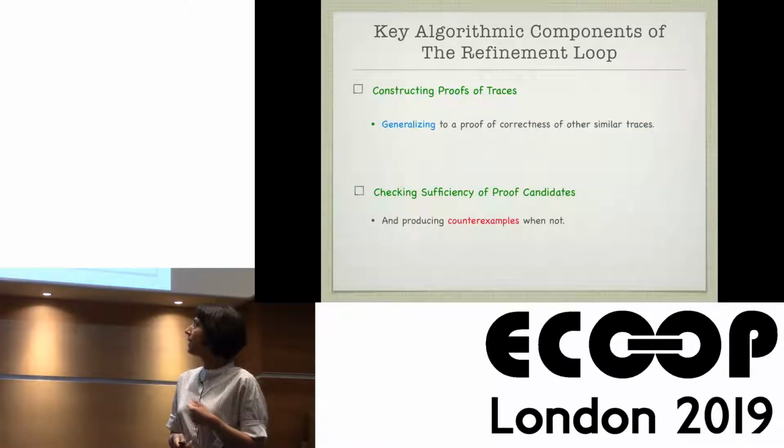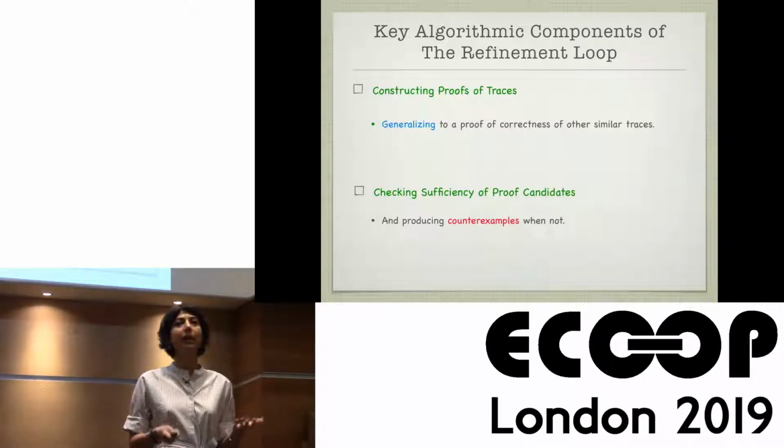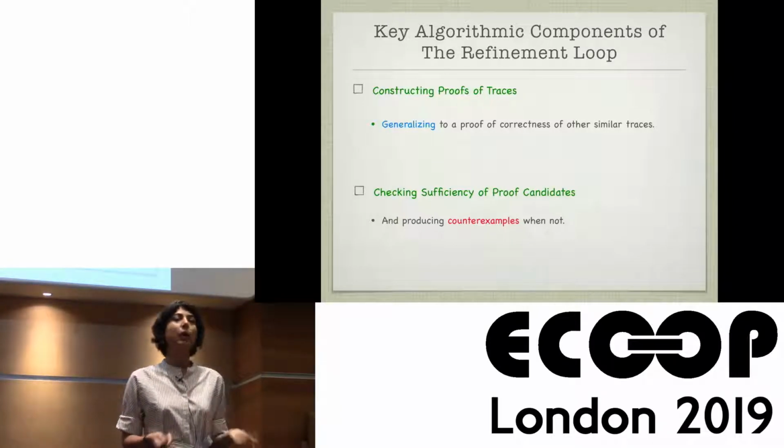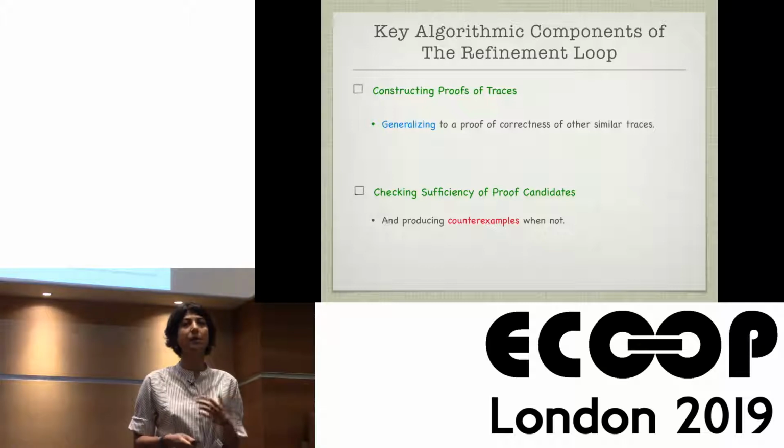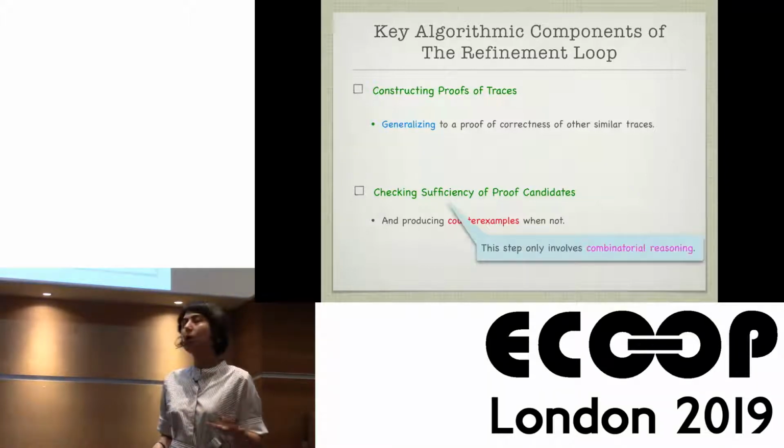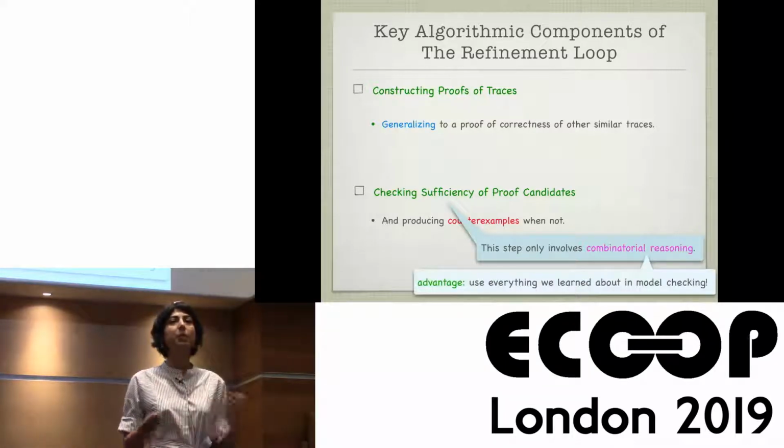The second thing is the part that is about checking a candidate proof has no logical reasoning in it anymore. I want to do this purely combinatorially. Meanings of program statements, meanings of proof statements, all of these things are not relevant in this context anymore. So this will be a pure combinatorial check, and as a result, I can use all the combinatorial reasoning. This is coming from the finite state reasoning of model checking.